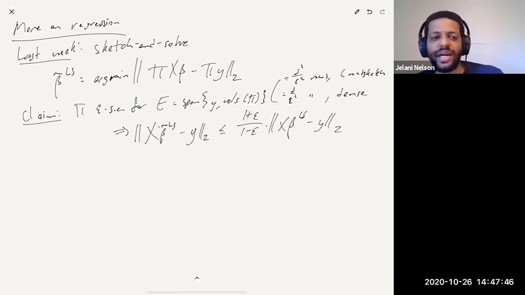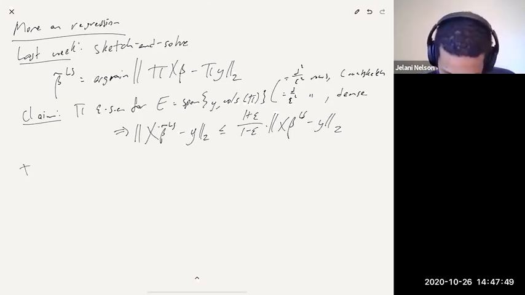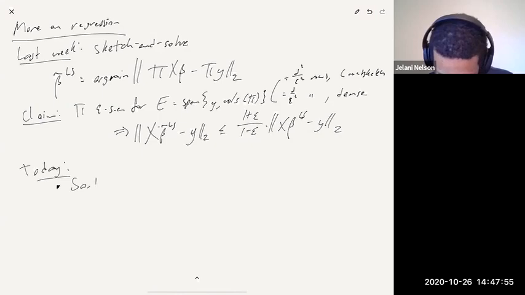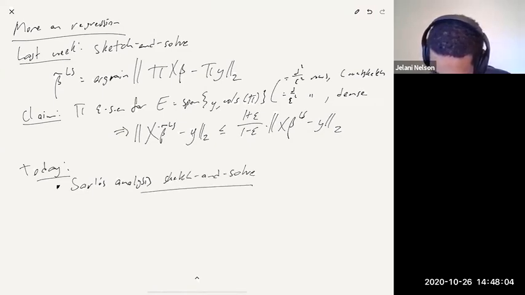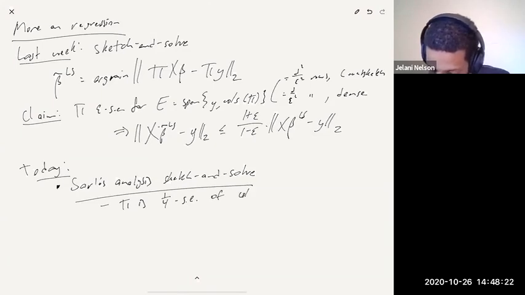Now, it turns out that today I'll show you there's a different way. So Charlie has a different way of analyzing sketch and solve. He says that actually you only need that pi is, let's say, a 1/4, some constant, subspace embedding of the column space of x.